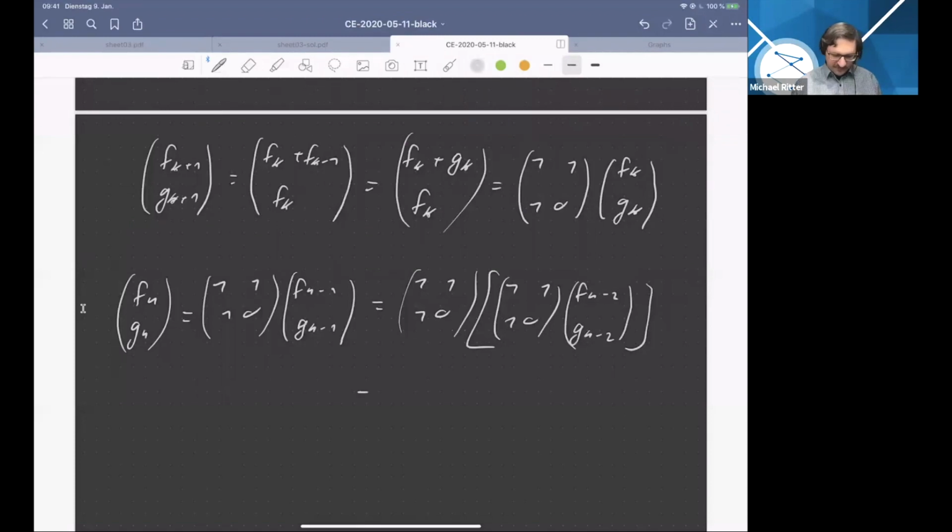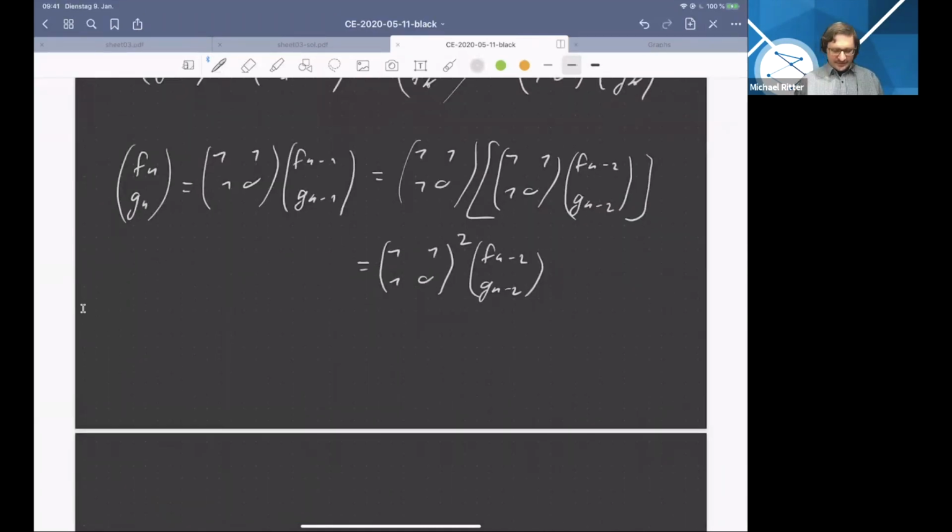So same thing as 1, 1, 1, 0 squared times fn minus 2, gn minus 2. And if we just apply this again until we get down to f1 and g1, well, how often do we have to do this?